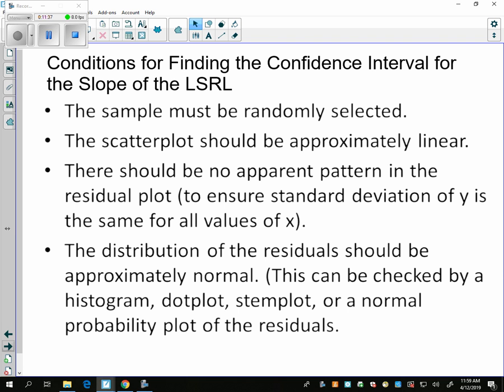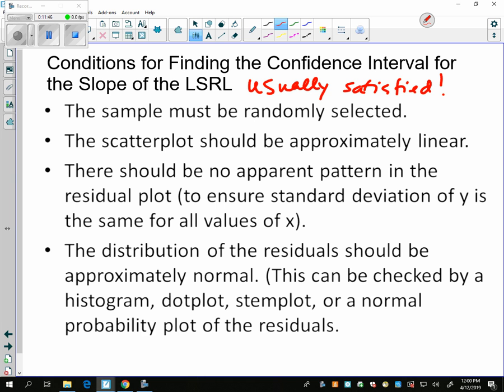So let's keep going. All right, so now these are the conditions. And again, these are usually satisfied. So write that down: usually satisfied. They usually say conditions have been met. Why?